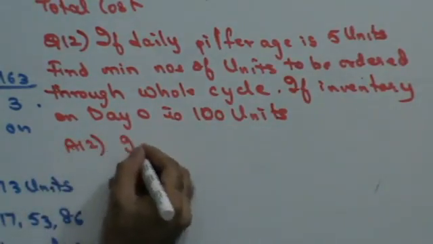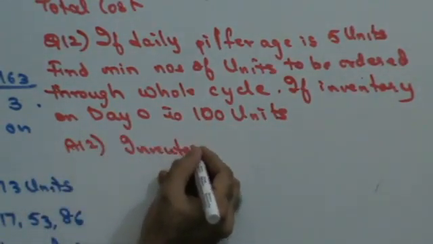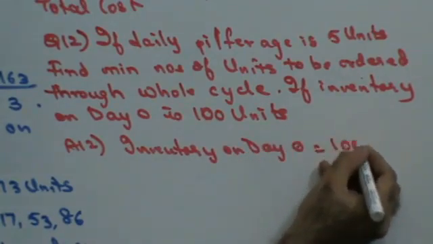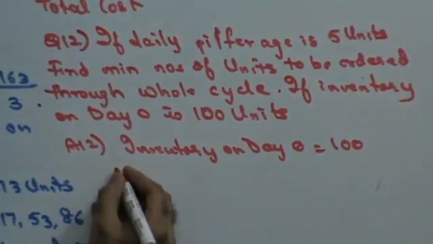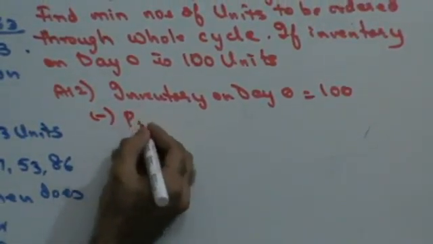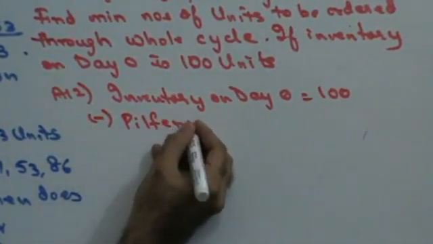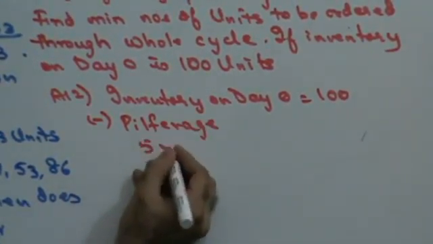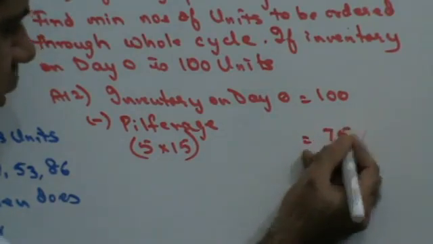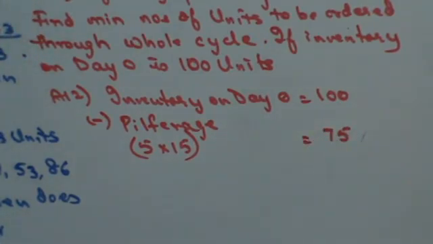Now let's see. Inventory on day 0 is 100 units. Out of this, how much is lost as it is? Pilferage. Pilferage is 5 units per day. Every day I am losing 5 units because of some damage or something like that. So that means in 15 days, how many units will be lost? 15 into 5, 75 units.